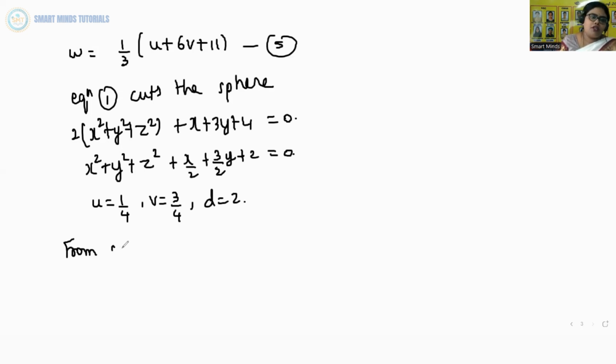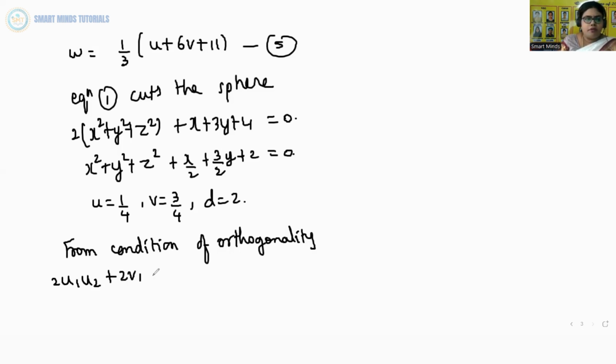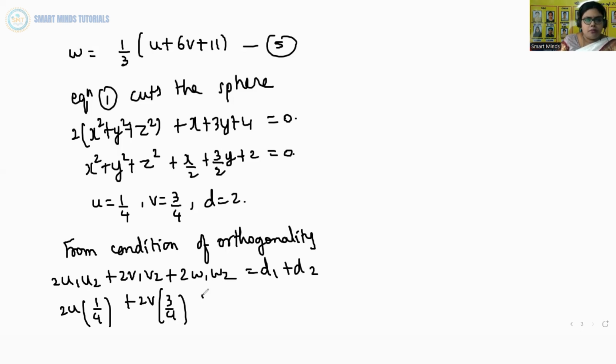Now from the condition of orthogonality, 2u1 u2 plus 2v1 v2 plus 2w1 w2 is equal to d1 plus d2. So 2u into 1 by 4 plus 2v into 3 by 4 plus 2w into 0 is equal to d plus 2.